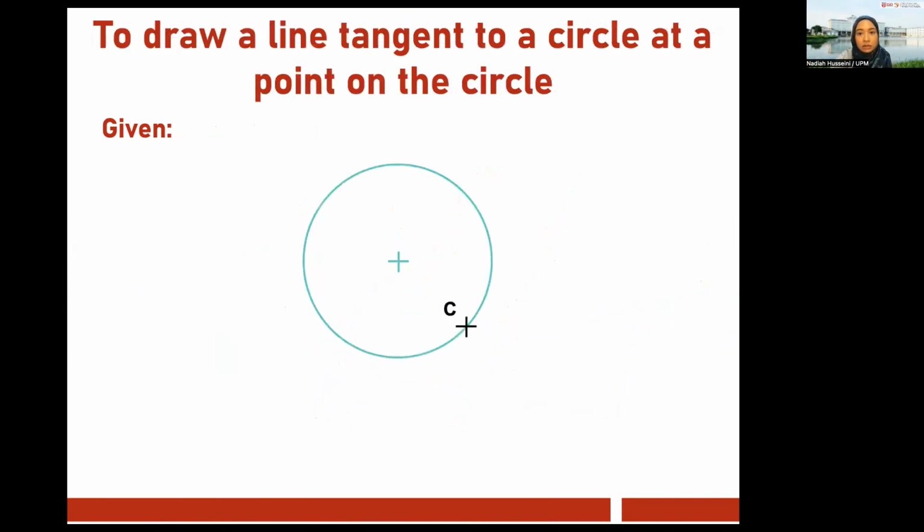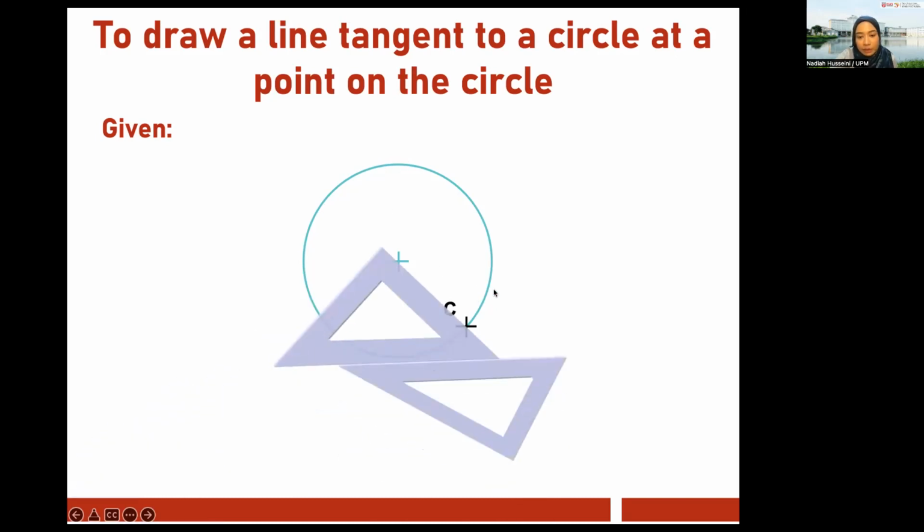To draw a line tangent to the circle at a point on the circle. We want to draw a line tangent to the circle at a point on the circle. So they want to make a tangent line here, a line that passes through C, but it must be tangent. Oh, sorry.